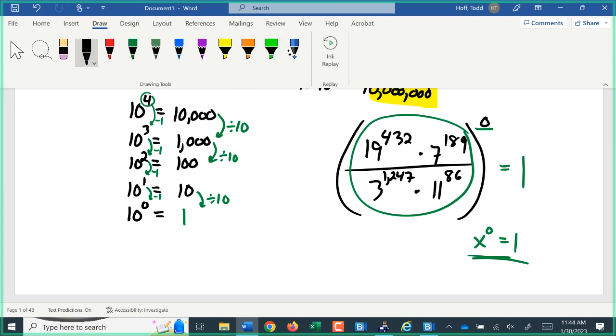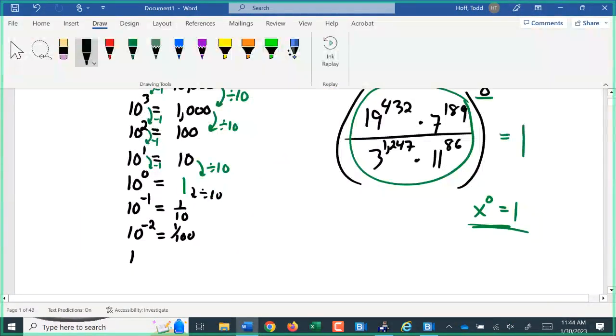So as we continue this then, 10 to the power of negative 1, well, obviously we can't have a negative number of items multiplied together, but we can still continue our pattern. 1 divided by 10 is 1/10. So 10 to the negative 2, 1/10 divided by 10 is 1/100th.